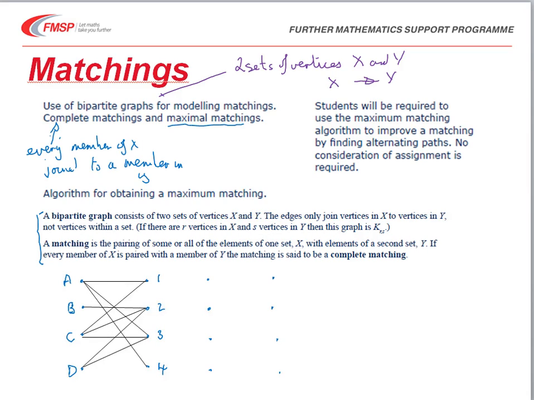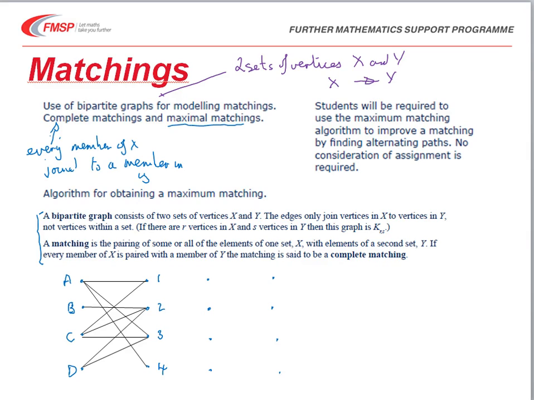So here's a fairly typical sort of situation that we might face. We're given two sets, let's call them x and y, where we've got A, B, C and D in x and 1, 2, 3, 4 in y. The bipartite graph shows the possible ways that each of A, B and C can be allocated to the tasks 1, 2 and 3.